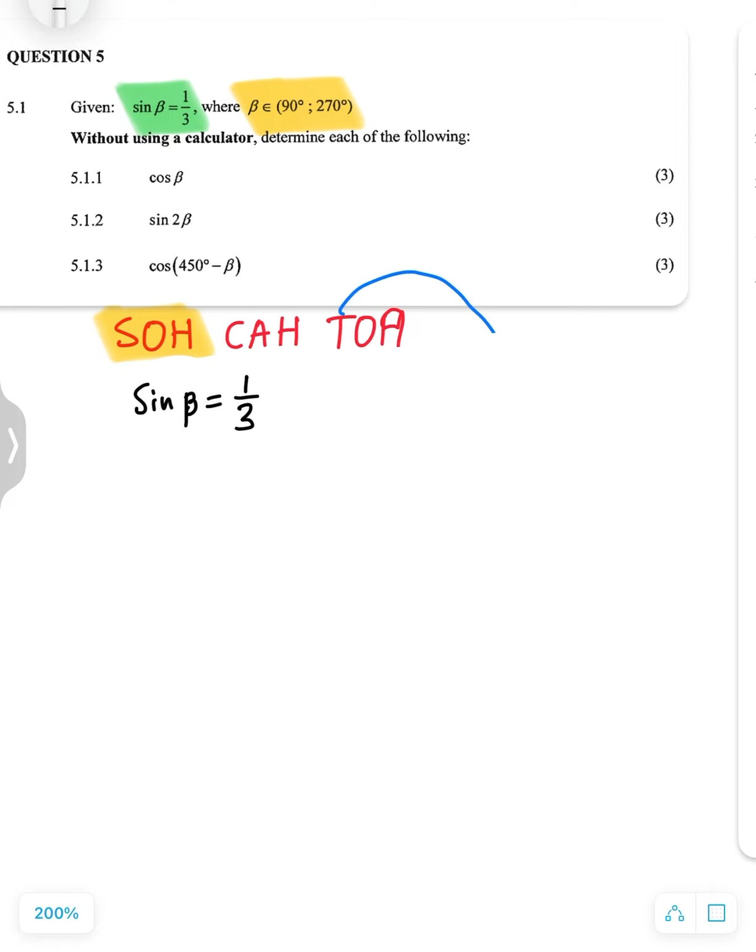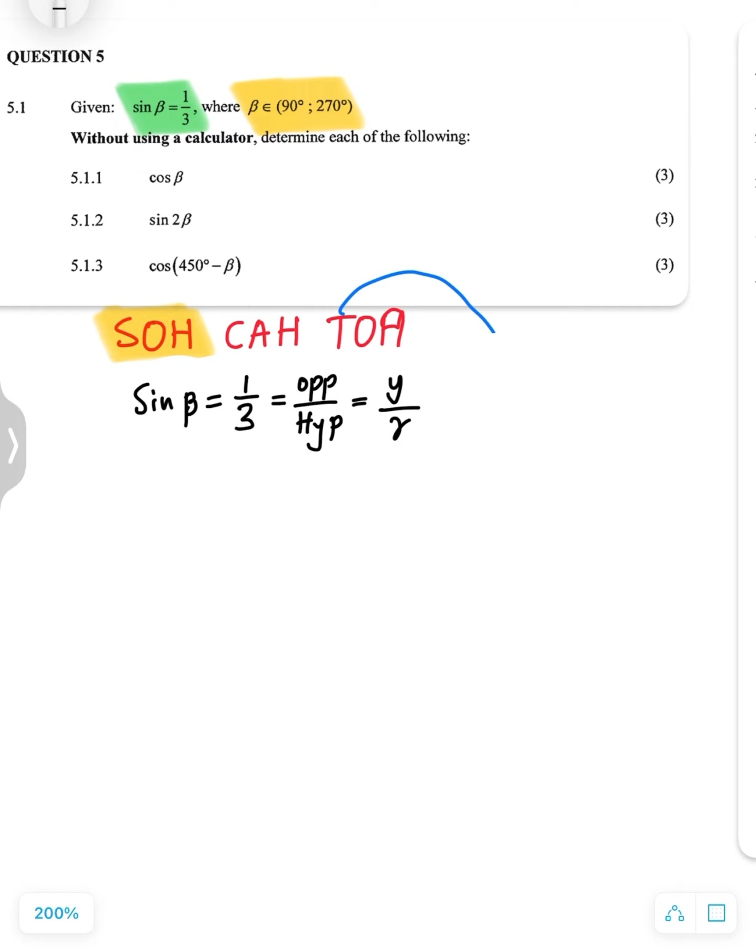Like I said, sine is opposite over hypotenuse, meaning that opposite is y, and hypotenuse is r. So we have here y over r, and this will be our diagram.